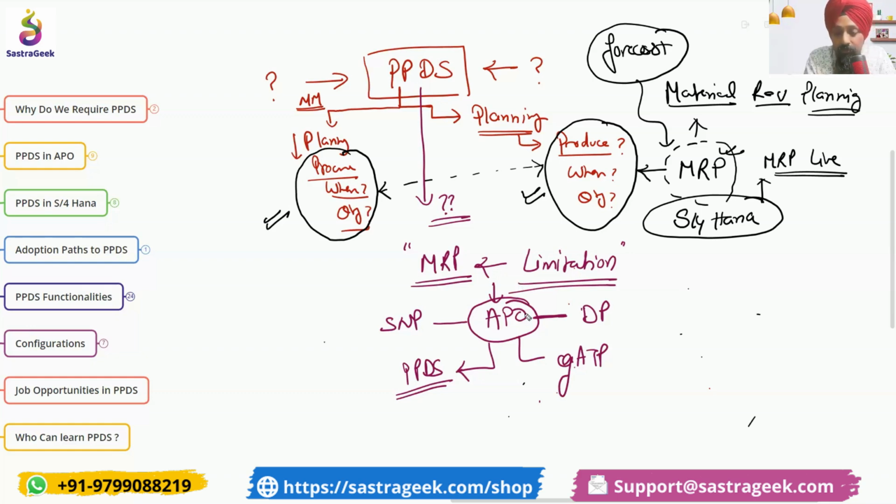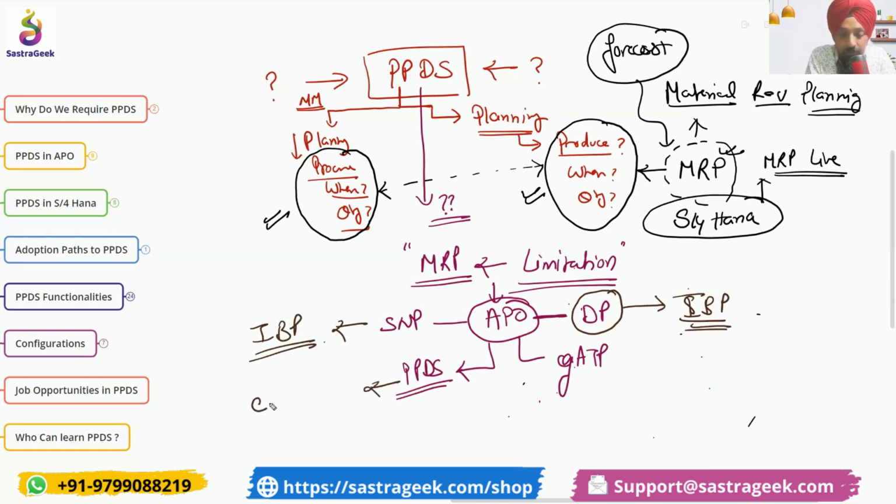Now APO is going to sunset. So SAP has said that DP, the Demand Planning solution, will be part of IBP. SNP would also be part of IBP, Integrated Business Planning, a separate cloud-based product.